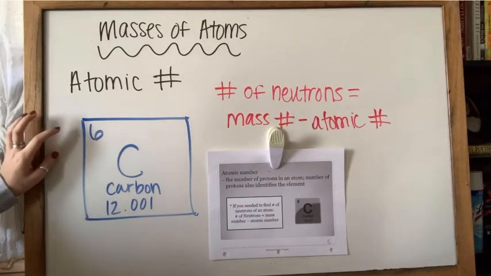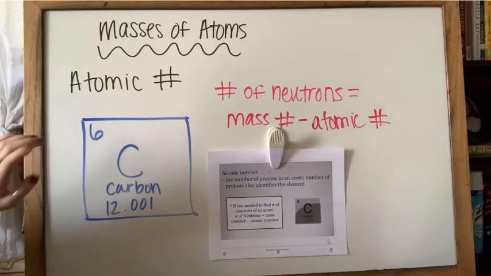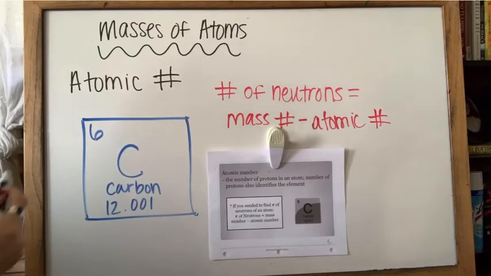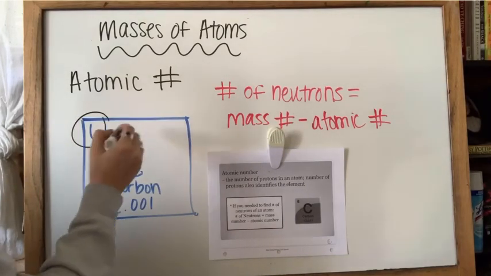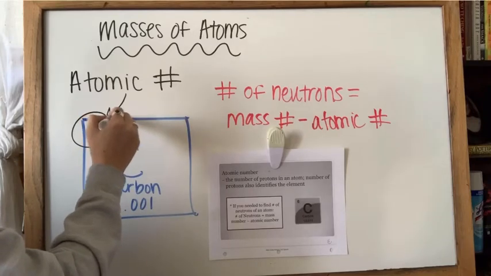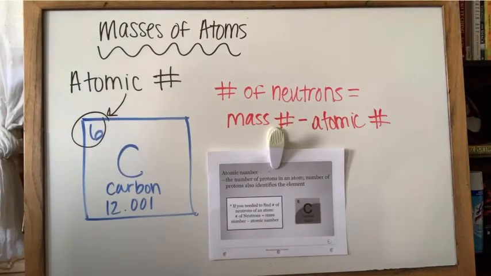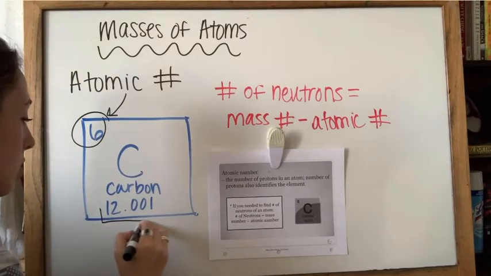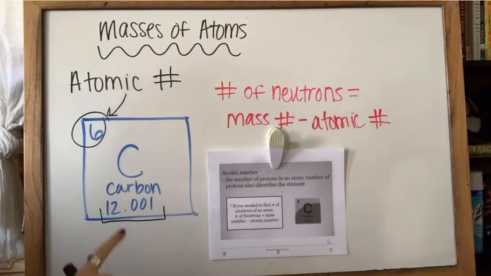And we'll see that up in the top left-hand corner with pretty much all of your elements on the periodic table. So right here is going to be your atomic number up in the top left-hand corner. Down here at the very bottom is going to be your mass number.